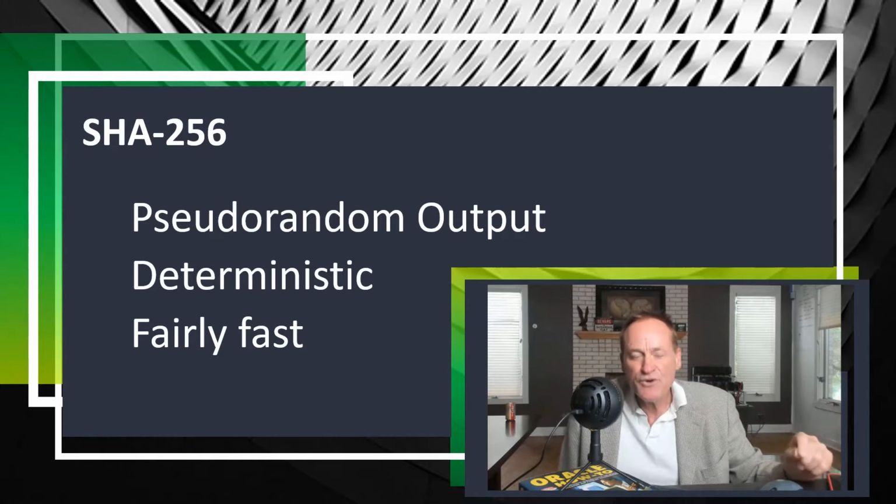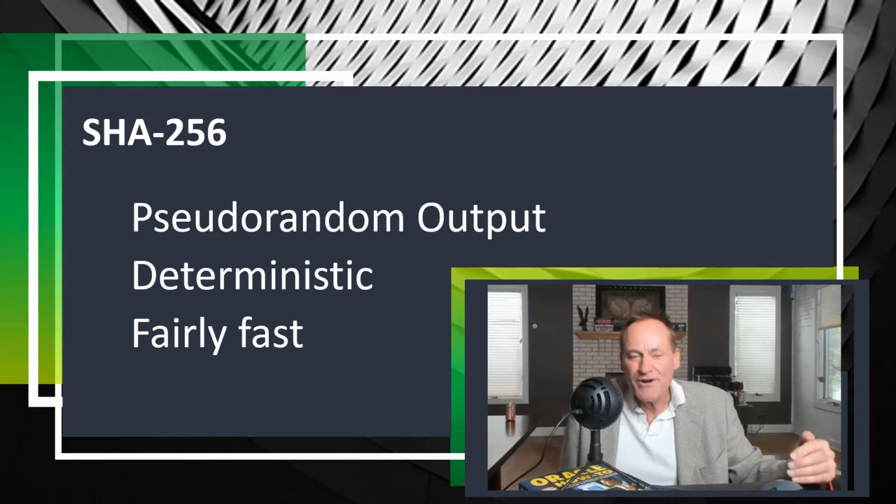Now, this 256 bits is actually a 64 character hexadecimal. So when you see the final output, it's not in zeros and ones, it's in zeros through Fs. So you get a 64 character length hexadecimal output from the SHA-256.